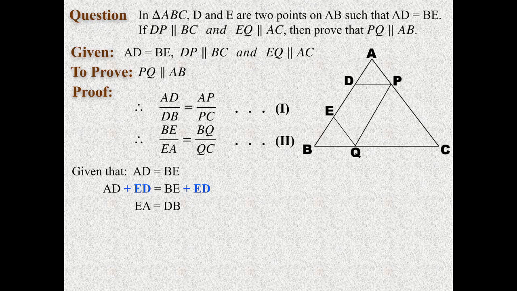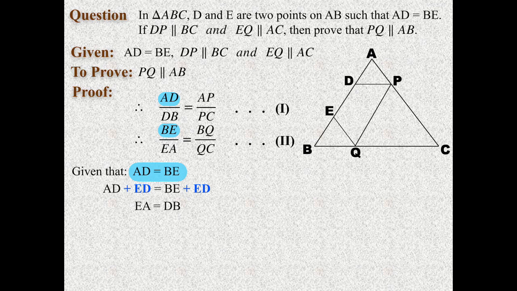So if we see result 1, result 2 and these conditions where AD is equal to BE, we have AD and BE as the numerators on the left hand sides of results 1 and 2.